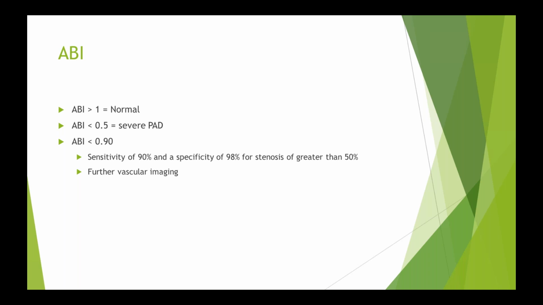Blood pressure is normally slightly higher in the lower extremities than the upper extremities. It's very important to compare both sides, because it may suggest the degree of acuity of the ischemia. Normally, the ABI ratio is less than 1. In severe peripheral arterial disease, it is less than 0.05.